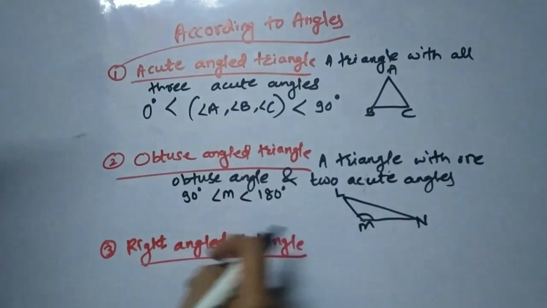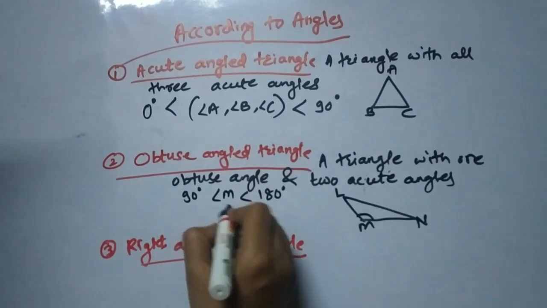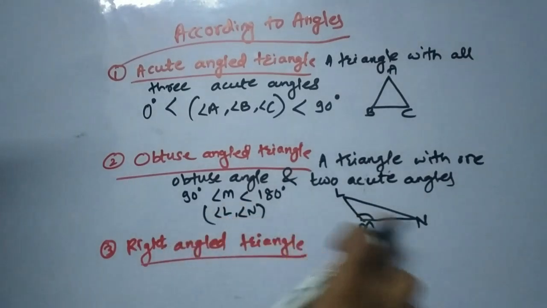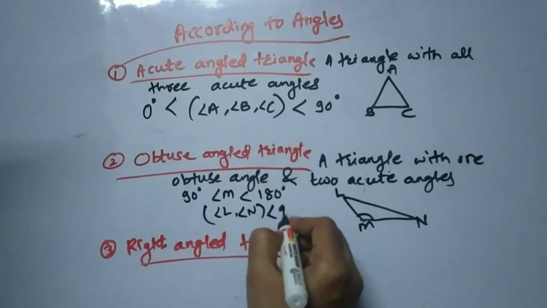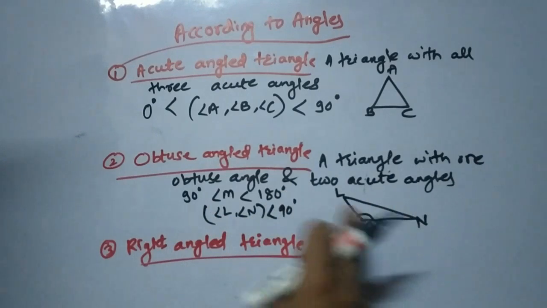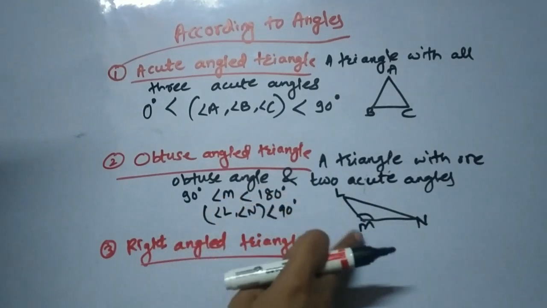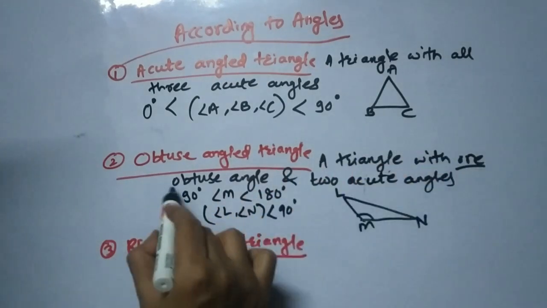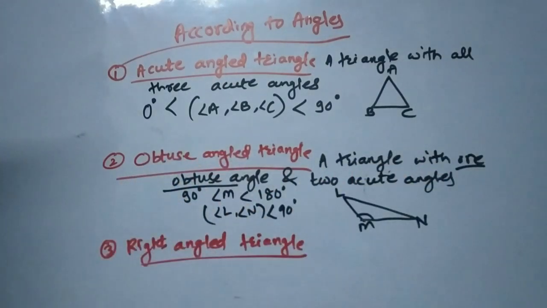The remaining, angle L and angle N, should be less than 90 degrees. L and N are acute angles, and M is greater than 90, means it is an obtuse angle. So there should be only one obtuse angle. Then only you can call the triangle an obtuse angled triangle.